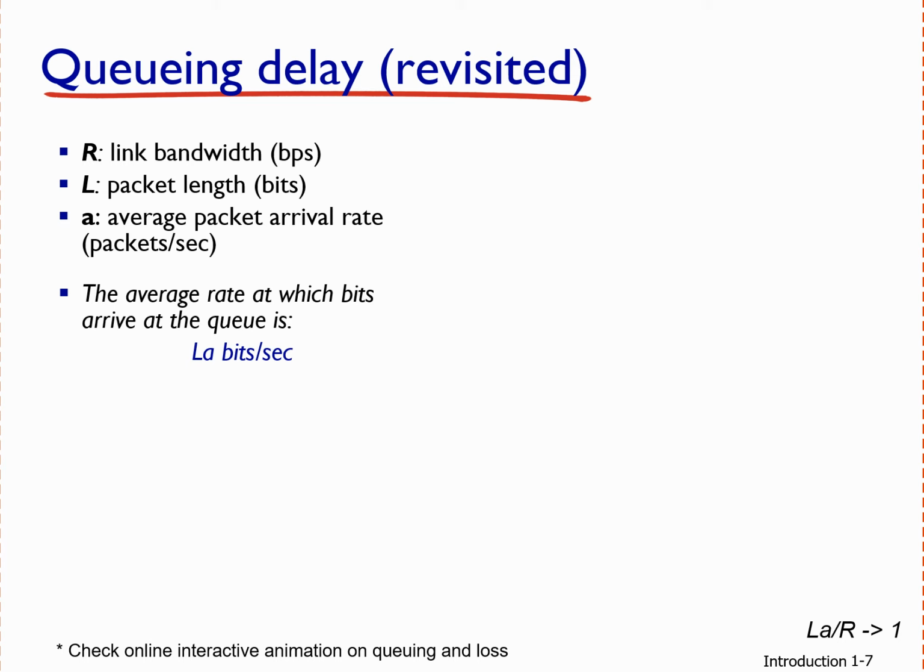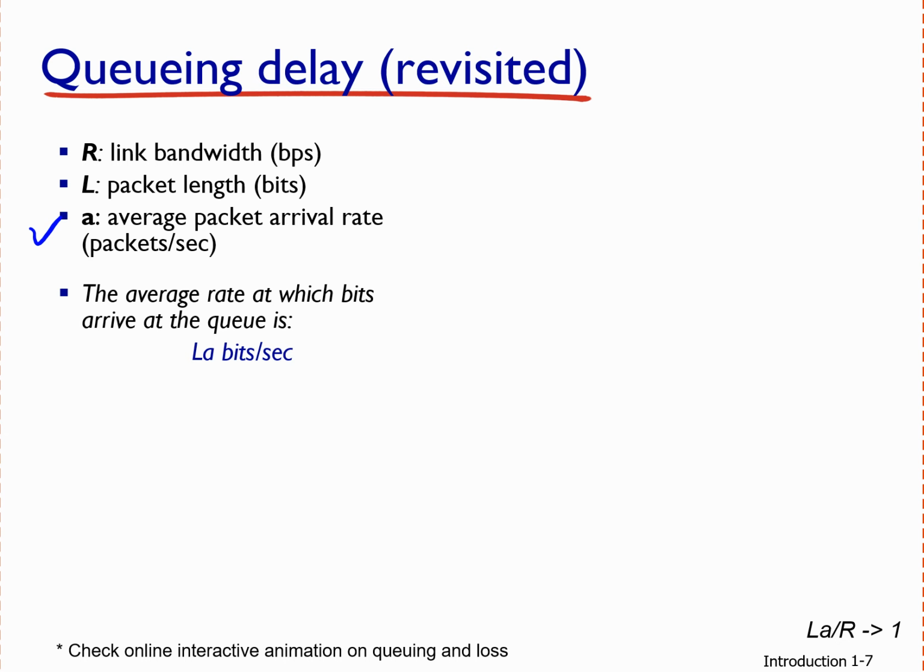We have a new measurement, the average packet arrival rate, which is how fast these packets are arriving at this queue or at this router. The average rate at which bits arrive at the queue can be measured as the length multiplied by the packet arrival rate, and that will give us how many bits are being received in a second at the queue.